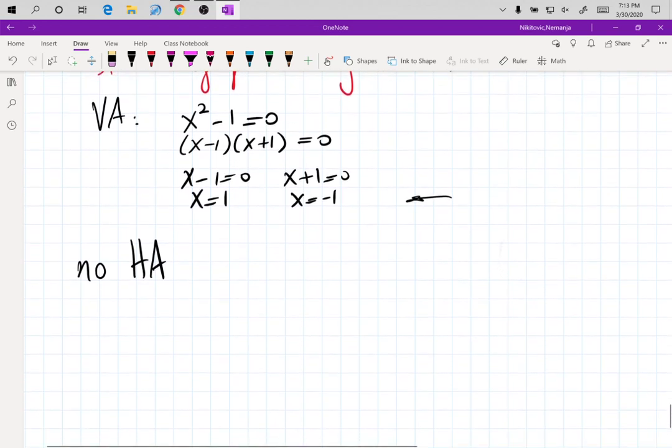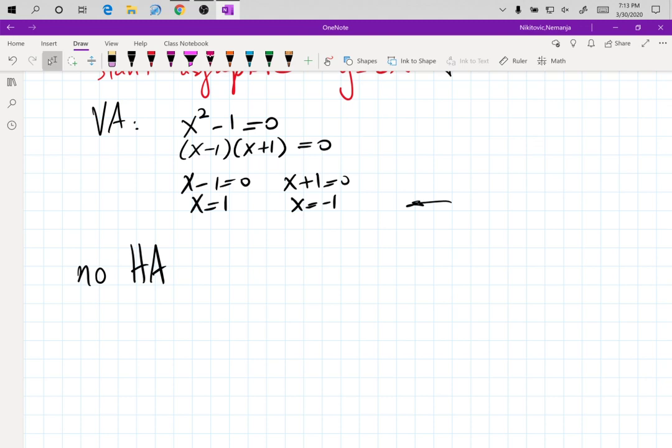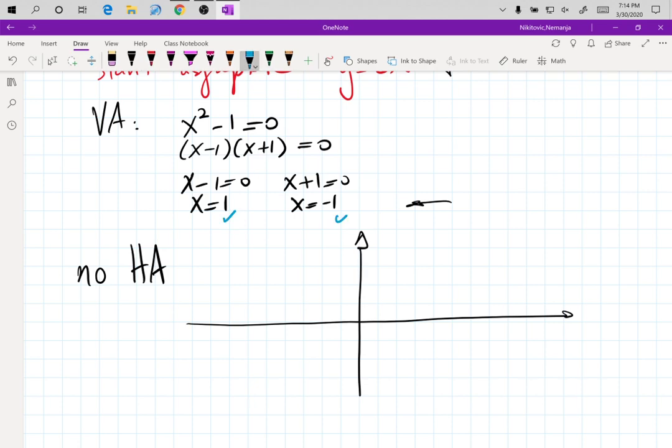So now I can graph this problem. Let's see. If I graph my... Oh, I color-coded this differently. Okay, so let's go now with the blue on these. And the slant asymptote at 3, slope is 3 over 1, so it goes like this.